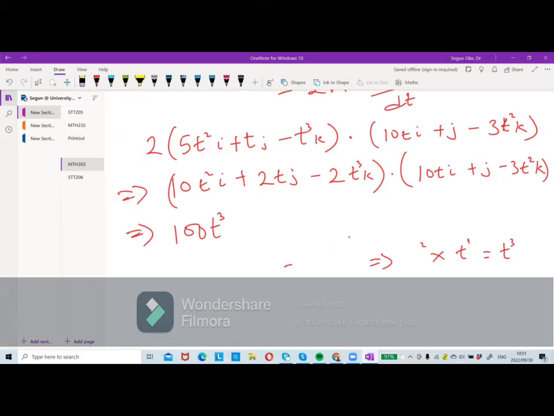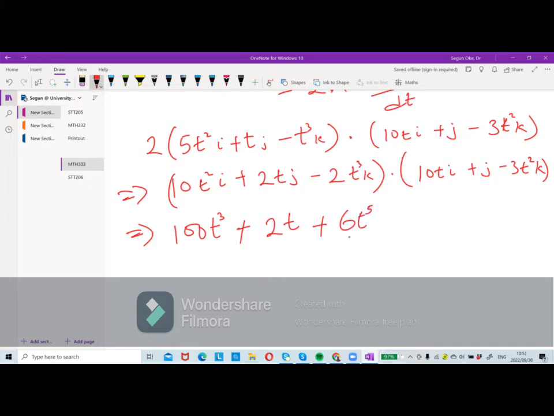So let's continue, please. So the next answer will be what for k? You remember i dot i is already 1. So we continue, it will be 2t j, 2t and plus 6t raised to power 5 k.